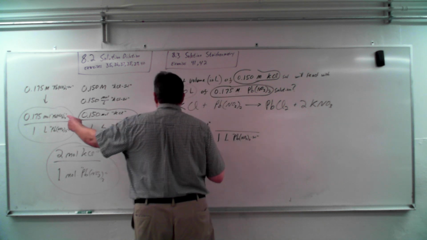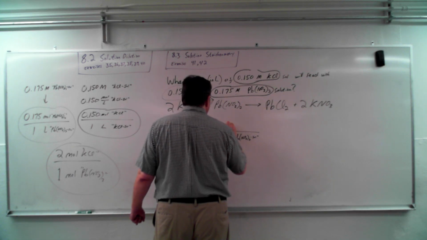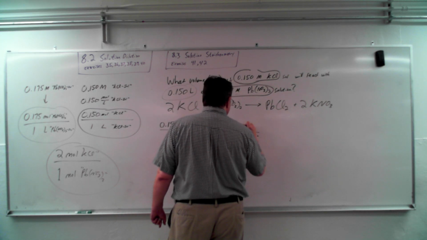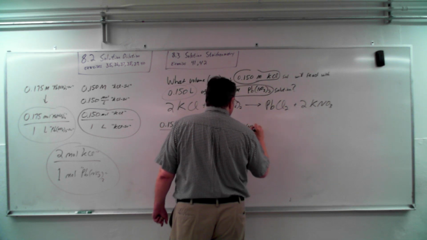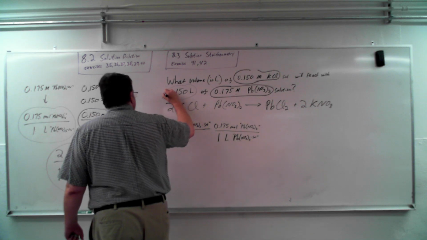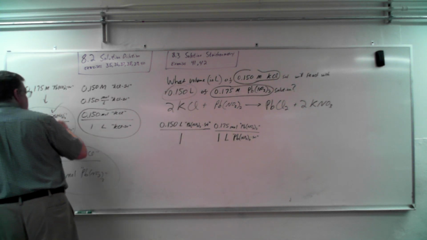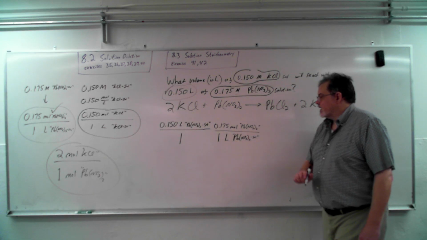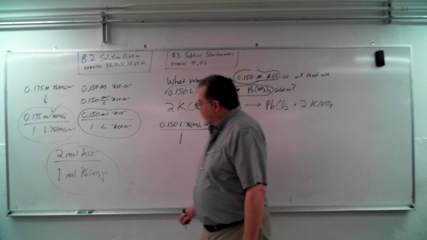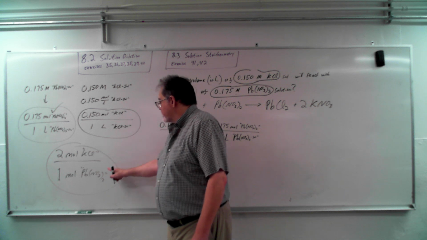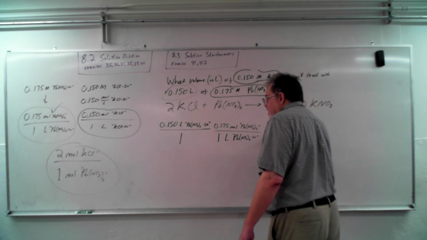And what goes on top is 0.175 moles Pb(NO3)2. So we've used this and we've used this. Of the two things that are left, which one has moles of Pb(NO3)2? This is the only place you're going to see moles of Pb(NO3)2 between these two. So that goes next on the bottom: 1 mole.